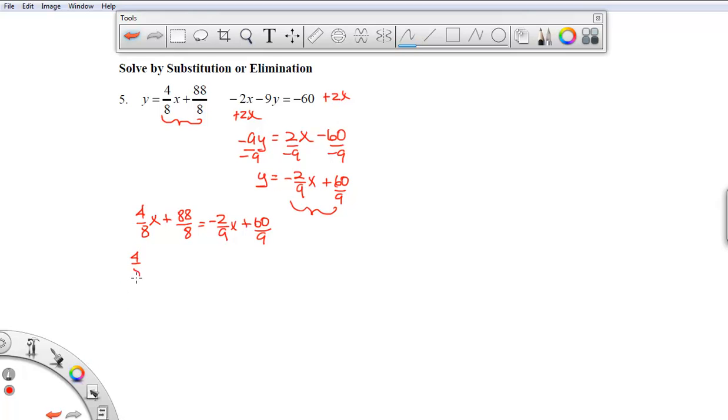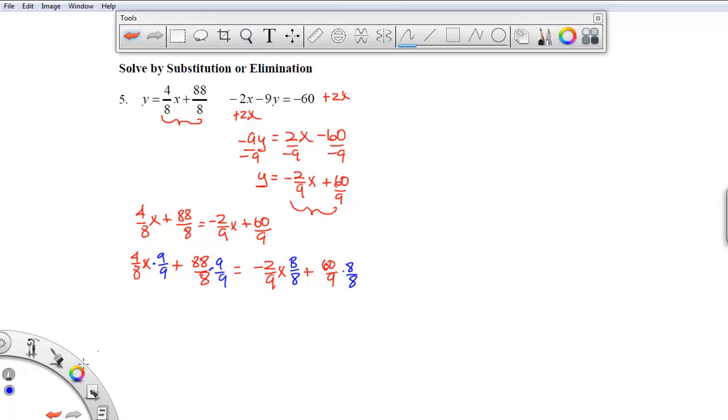So I've got 4 over 8x plus 88 over 8, and I want to multiply both those by 9 over 9. That's a form of 1, so I don't change anything. Okay, and now that equals a negative 2 over 9x plus 60 over 9, and in that one I want to multiply by 8 over 8 instead of 9 over 9.